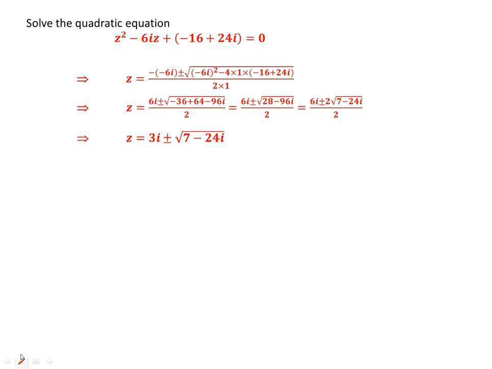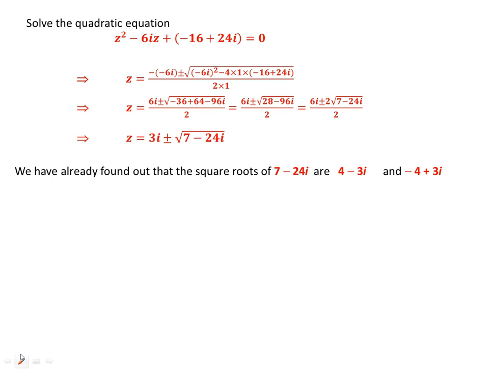Now fortunately, we've already worked out the square roots of 7 minus 24i are 4 minus 3i and minus 4 plus 3i. So what we've got now is that z is 3i plus or minus 4 minus 3i, and that gives me that z is either 4 plus 0i, in other words just 4, or minus 4 plus 6i.